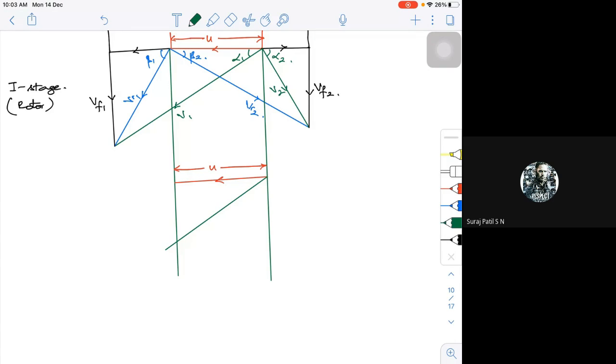So that will be my V2 with an angle alpha 2. Understand? See, if there is no friction, this V2 will be the same. If there is friction, and I call this component V2 dash, your V2 dash will be slightly smaller than your V2.